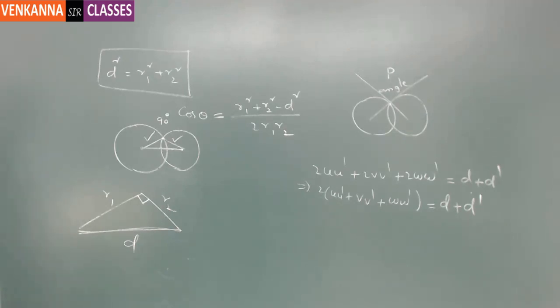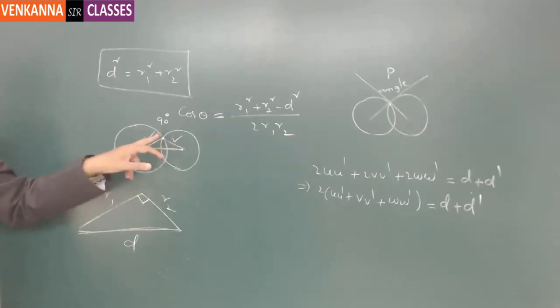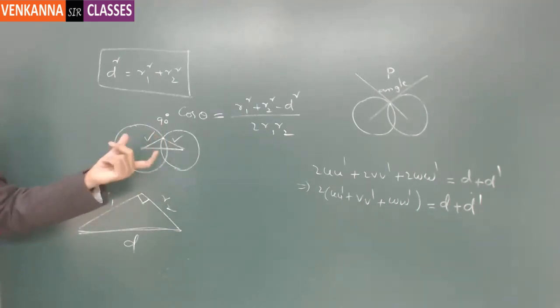Now generally, whenever two spheres intersect, you will get a circle. So obviously, in this case also, when the two spheres are orthogonal, you will get a circle of intersection here. So for this circle, you will have a radius.